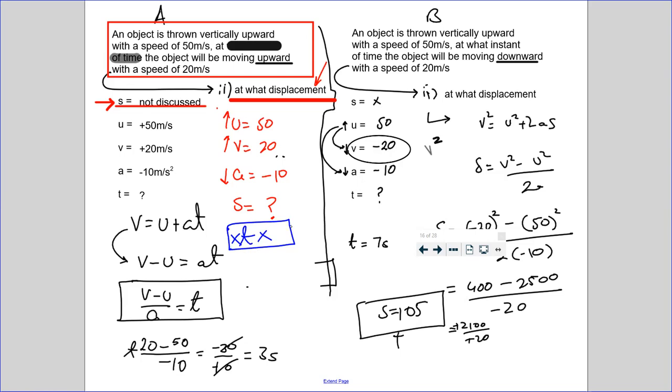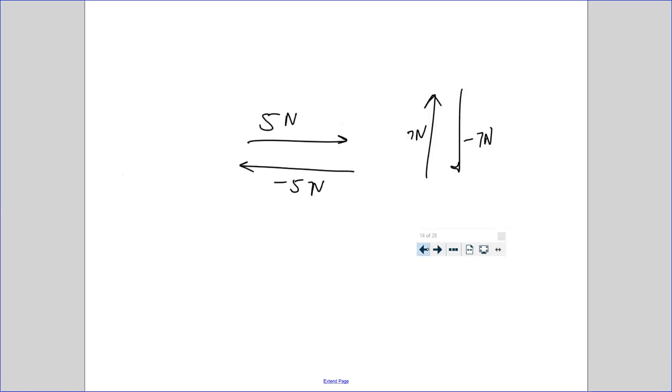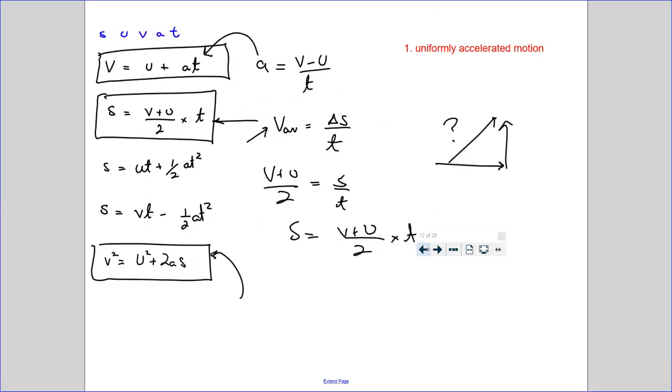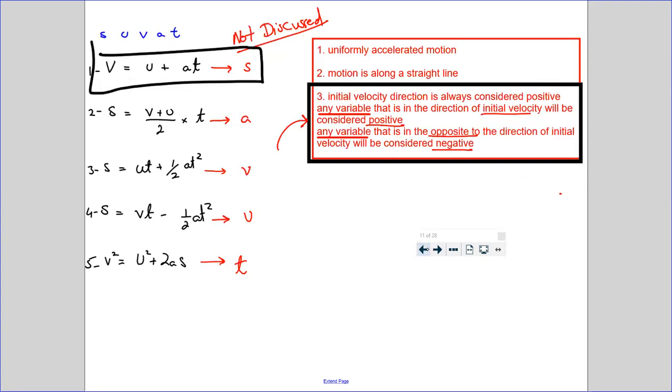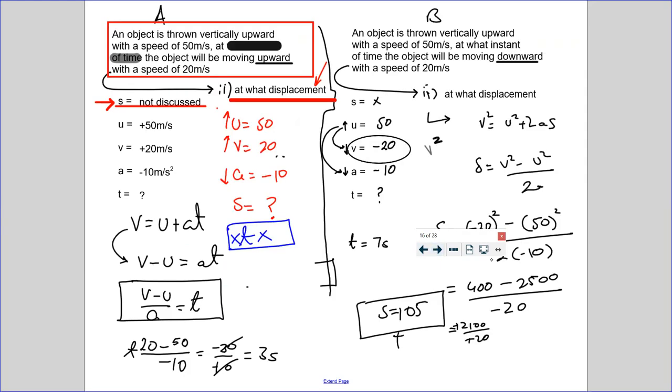Yes. So we go to the set of equations and check which equation does not have any time in it. That's the last one. So we can easily pick which equation to use. That equation is v square is equal to u square plus 2as.